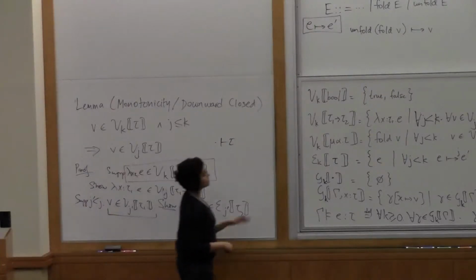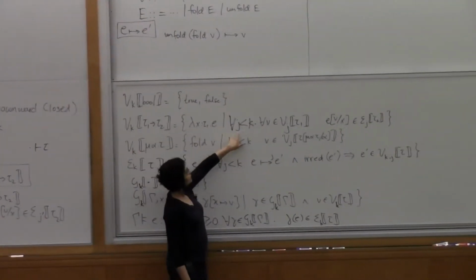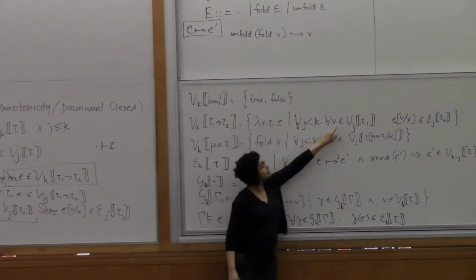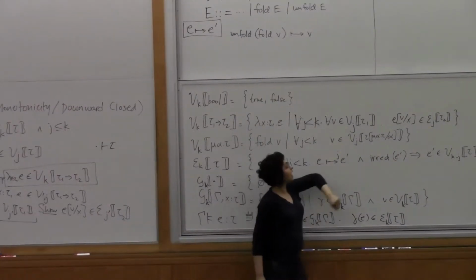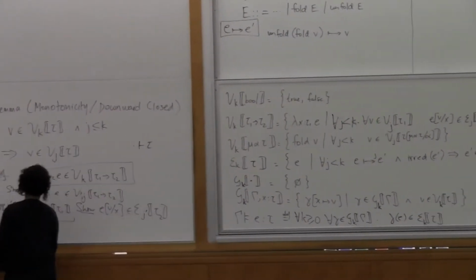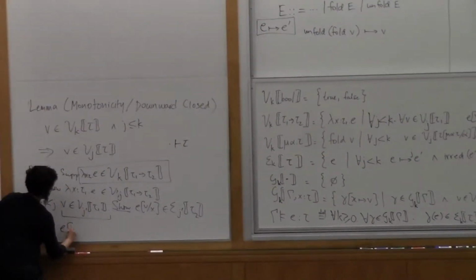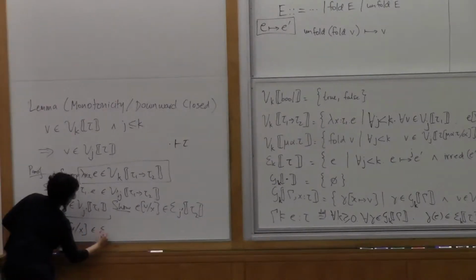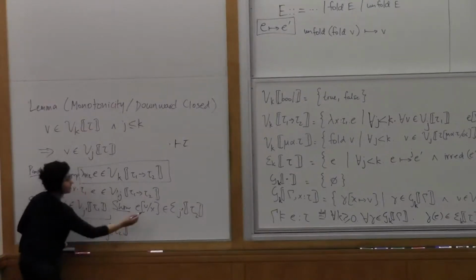If we instantiate this with j prime here, then we do have a value that's good for j prime steps, so we can satisfy this condition. And therefore, we have that e with v for x is good for j prime steps, which is exactly what we needed to show.